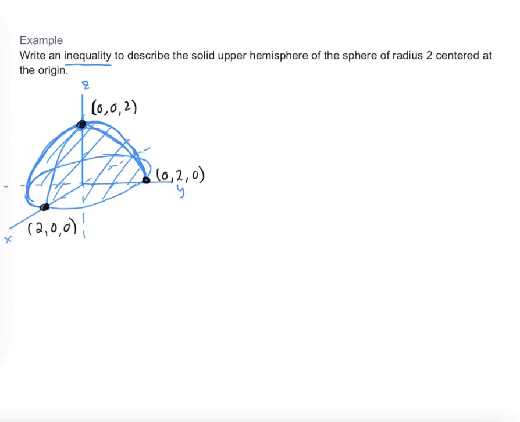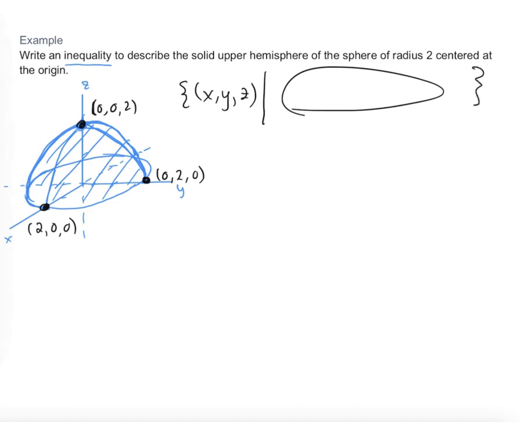hemisphere. And so what that means is that we're going to be looking at the set of all ordered triples such that some criteria is going to ensure that that ordered triple is actually an ordered triple inside that solid upper hemisphere.